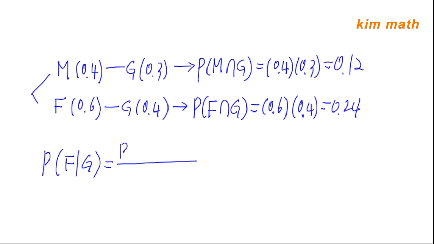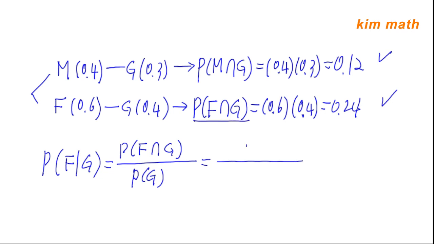It is the probability of female and glasses over probability of glasses. Okay. Now, definitely you can use these two pieces of information. Probability of F and G is here, so 0.24.